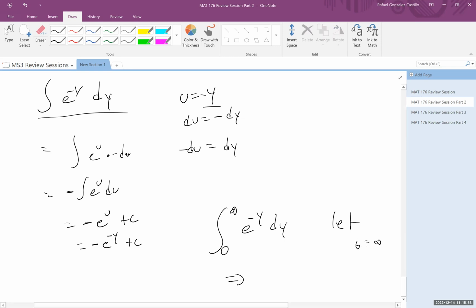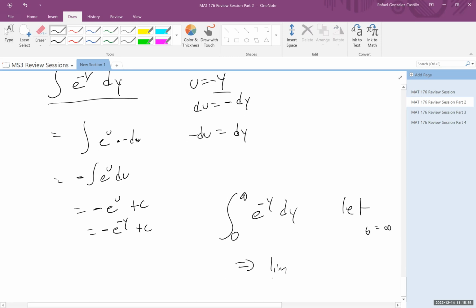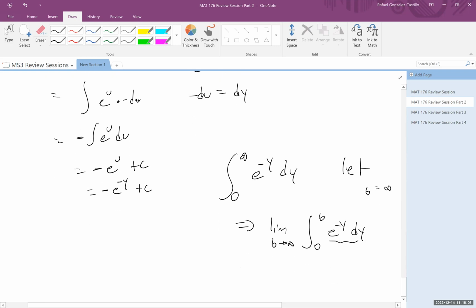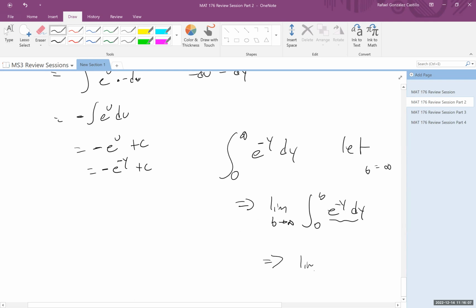And then you have the limit as b goes to infinity of the integral from 0 to b of e to the negative y dy. We already know what this integral is. This becomes the limit as b goes to infinity of negative e to the negative y, and we're going to evaluate this from 0 to b.